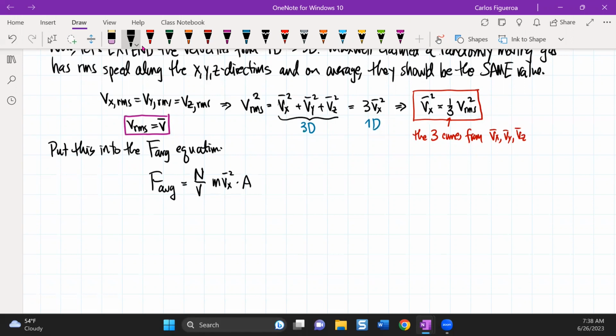Now this is for a 1D gas, but now we're going to a 3D gas, and the 3D gas gives you that factor of 3. So now we find that F average is N over 3V times m VRMS squared times area.